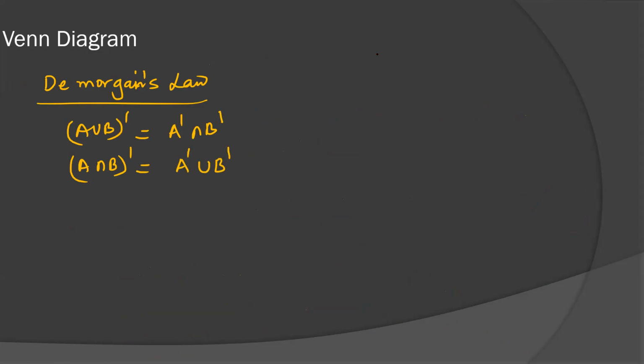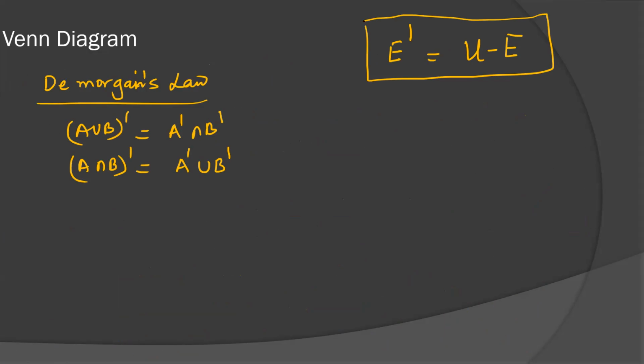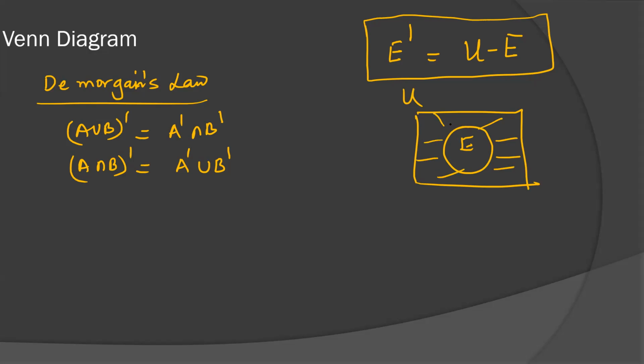And if E is any set in the universal set, then E complement is defined as universal set minus E. I told you this in the definition of complementary set in lecture 1. So you can see the Venn diagram for this: if this is your set E and this is your universal set, the outside portion is going to be E complement.